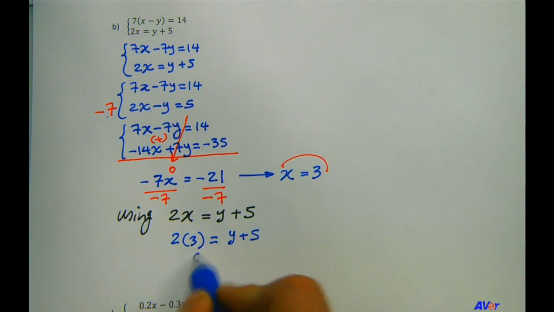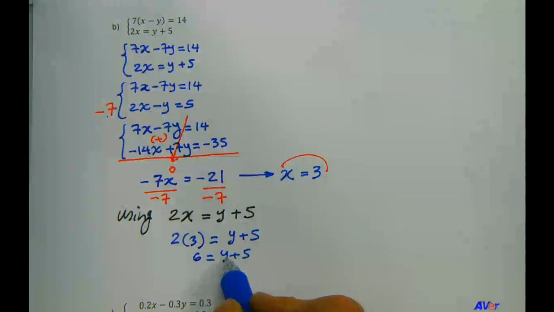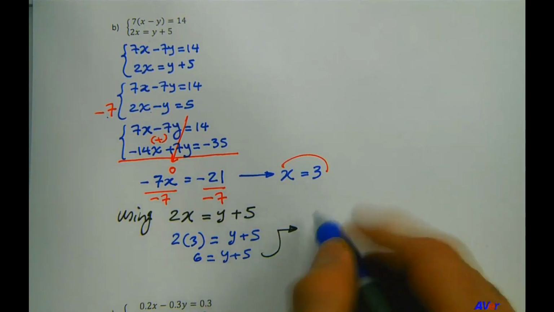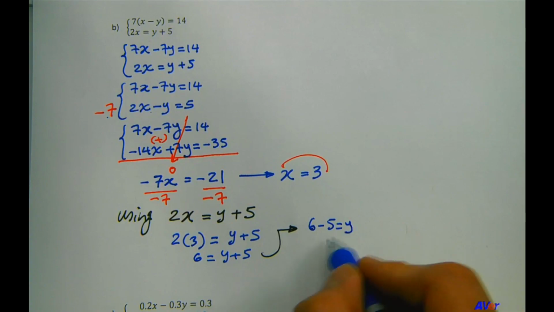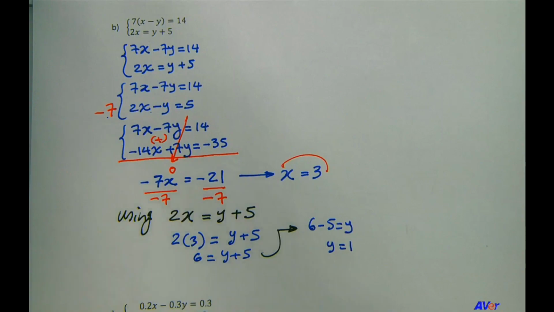And so we have 6 equals y plus 5. And of course, all we have to do to solve for y is move the positive 5 to the left. It becomes negative 5, right? So we have 6 minus 5 equals y. And so y equals 6 minus 5, which is 1. So there we have the solution for y.